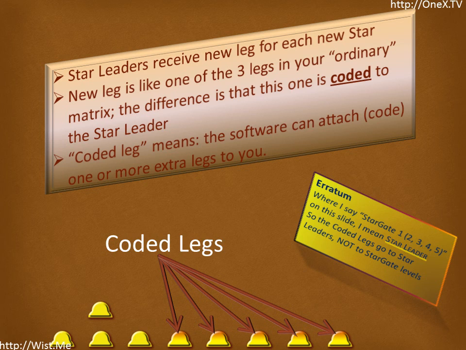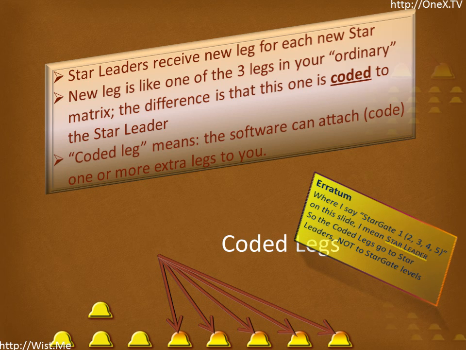Each member in these coded legs will give you a coded bonus. We call it a coded bonus because they don't get into your matrix because they sign up. They get into your matrix because the software will give it to you. It's a code in the software, so to speak.